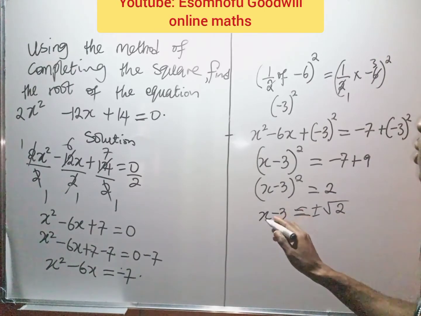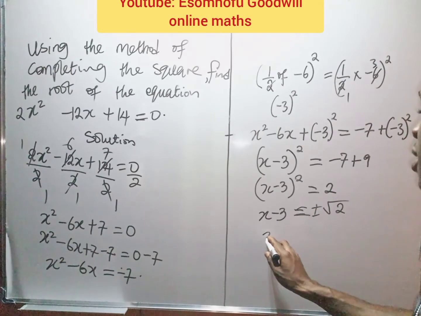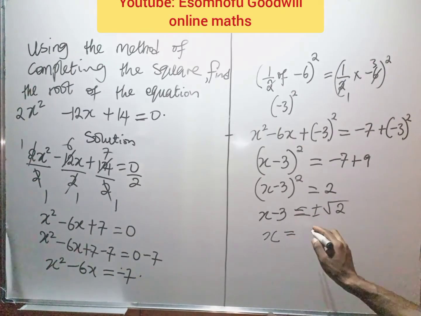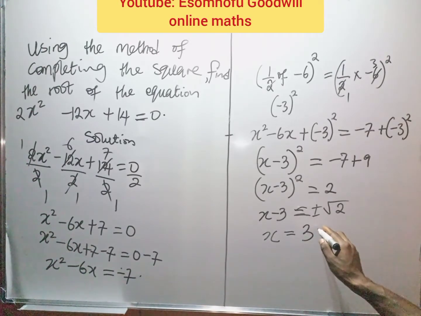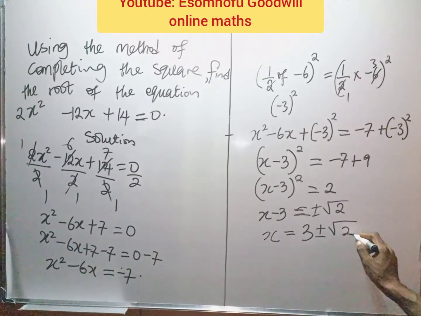At this point, you need to add 3 to both sides. You can see I have x is now equal to 3 plus or minus the square root of 2.